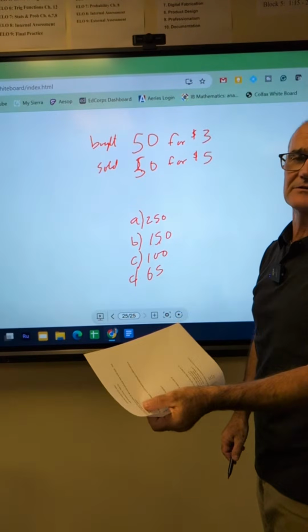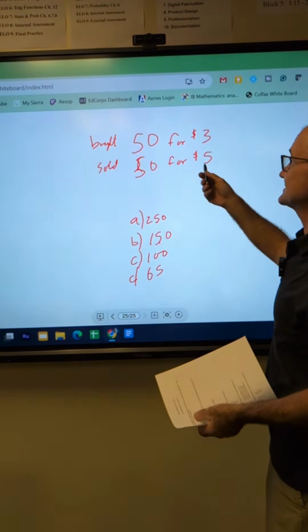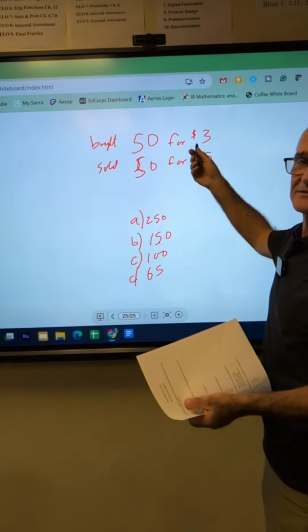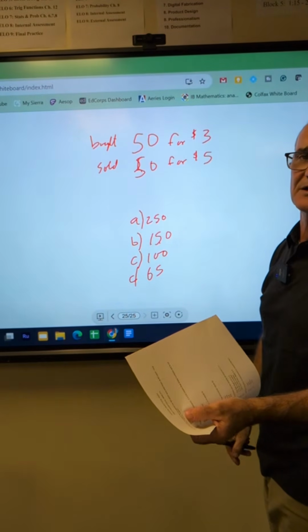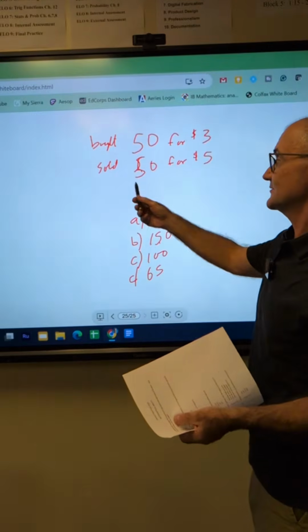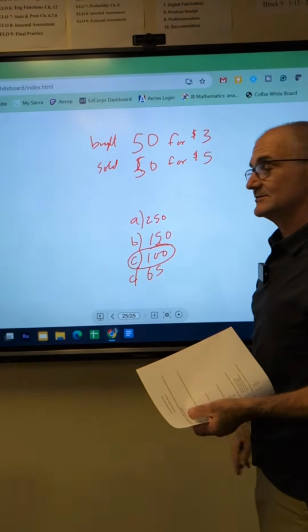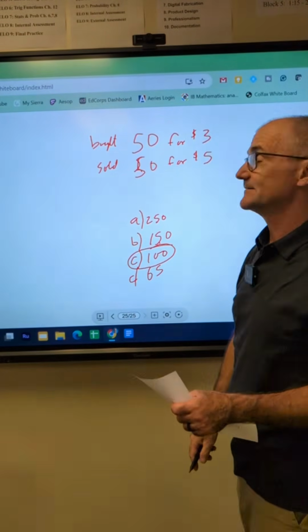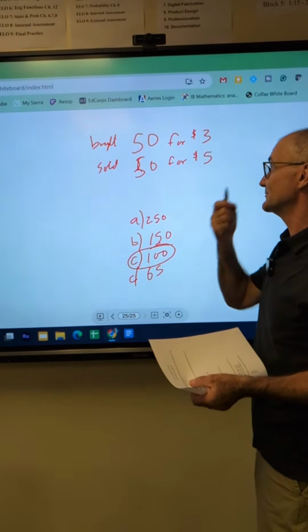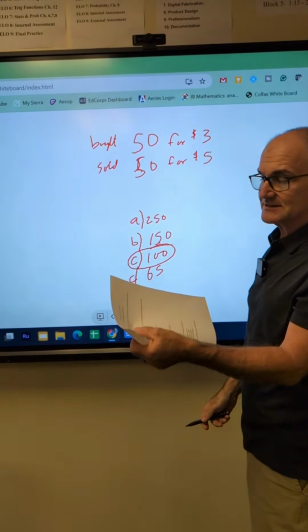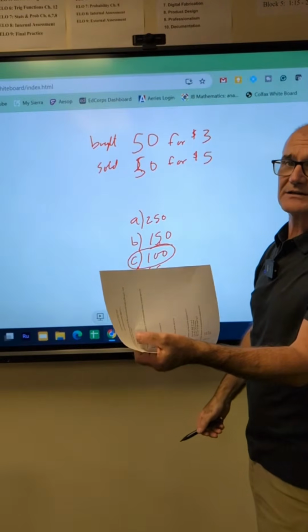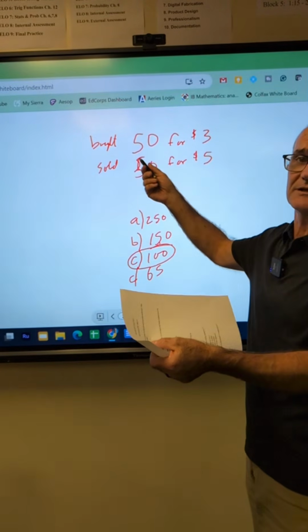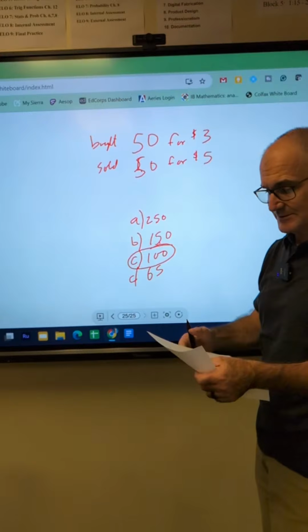Or a quicker way to do this problem is if he sells them for 5, he buys them for 3, he makes $2 a brush. $2 times 50 is $100. Correct answer, answer C right there. A lot of ways to do that problem, but if they are asking you how much was the profit, you could just find profit per unit, multiply it by the number of units.